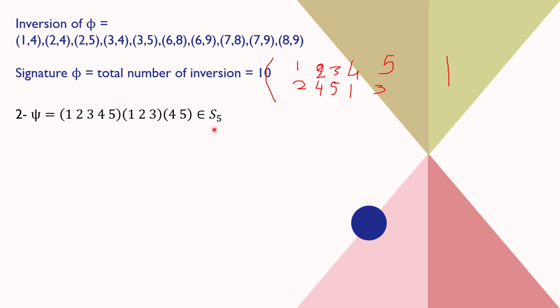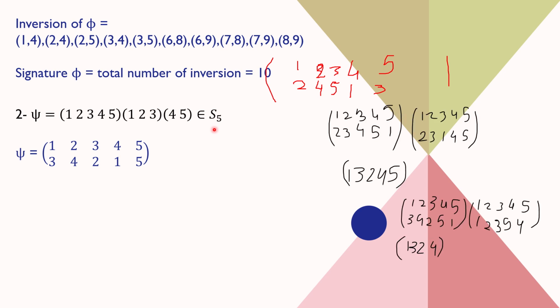So you've been given a product of disjoint cycles, right? So what you do is, first of all, you have these 3 disjoint cycles, right? You will make the product first. So you write the first one, 1 2 3 4 5, and then here 1 goes to 2, 2 goes to 3, 3 goes to 4, and 4 goes to 5. So this is how you write this one.